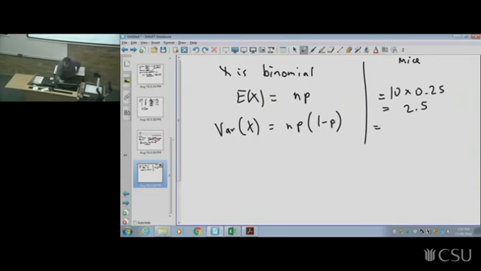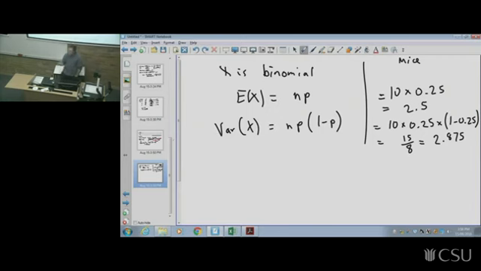So in this case, that would be 10 times 0.25 times 1 minus 0.25, which is 15/8, or 1.875.